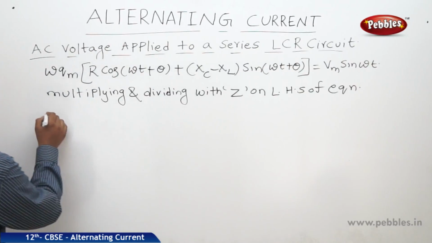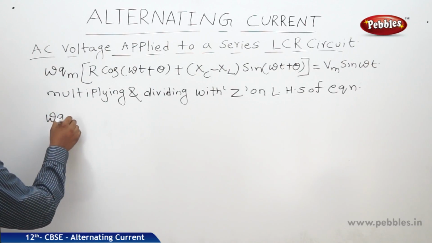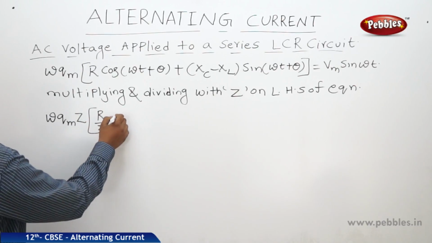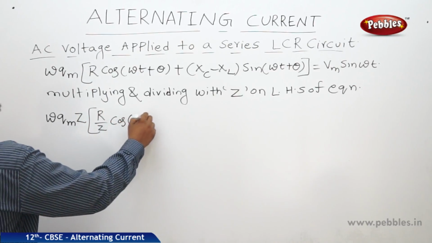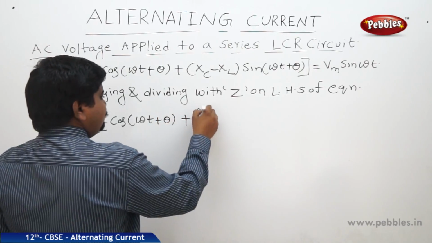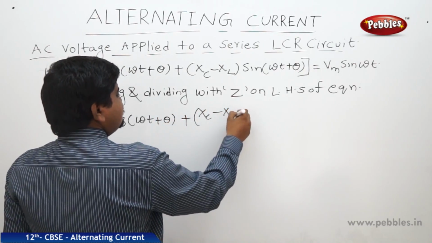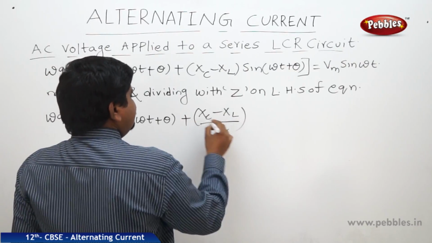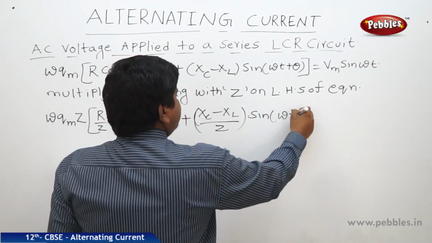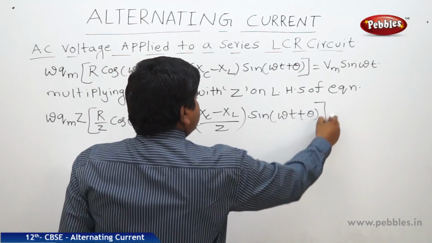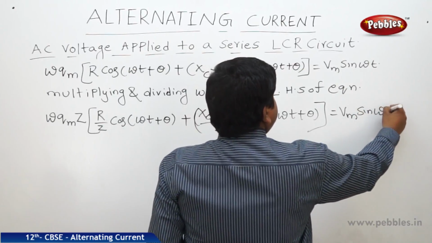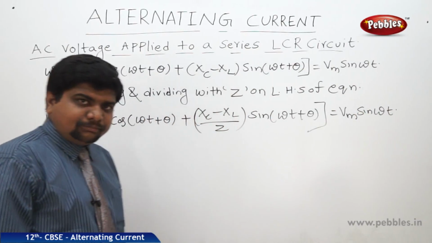So multiply with Z: omega qm Z into R by Z into cos(omega t plus theta) plus (Xc minus XL) by Z into sin(omega t plus theta) is equal to Vm sin omega t.